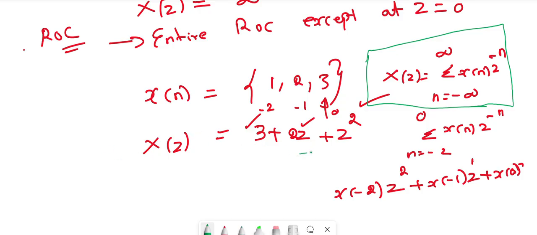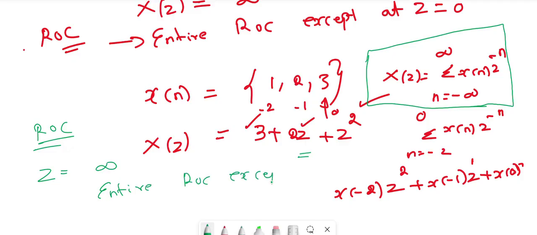Now in this, if you put z equal to infinity, how do you define the ROC? The entire z plane except at z equal to infinity, because if you substitute z equal to infinity, X(z) becomes infinite.